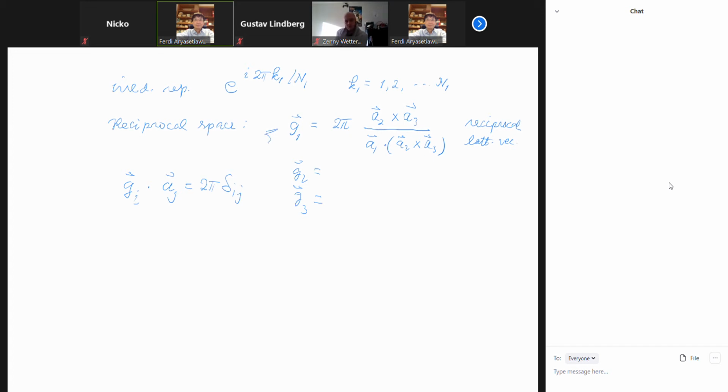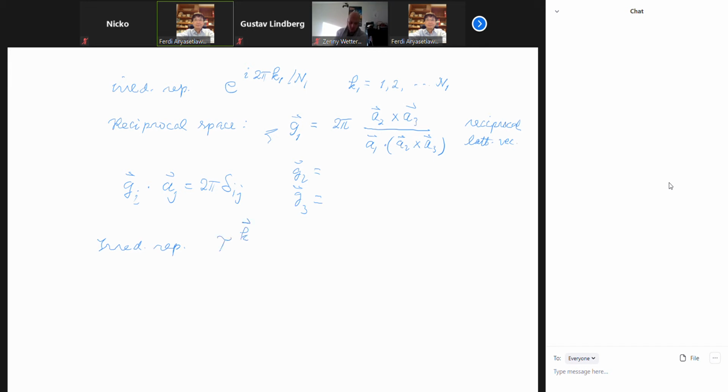So the direct product representations. We recall that if we have a direct product group, then the irreducible representation of the direct product group is simply given by the product of the irreducible representations of each group. So the irreducible representation of the full translational group is given by this.